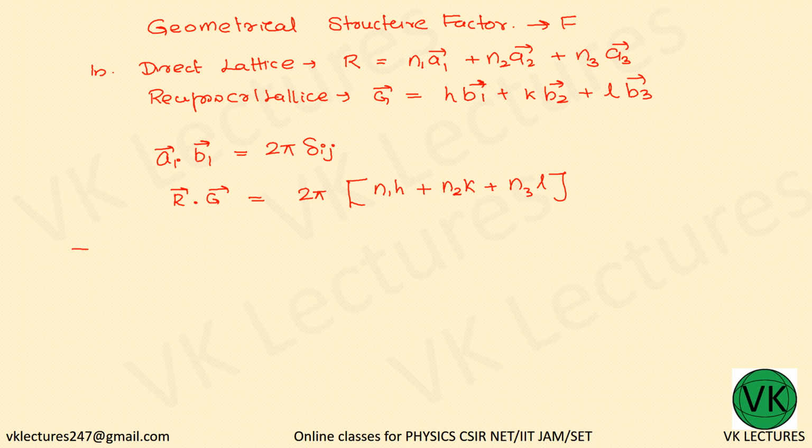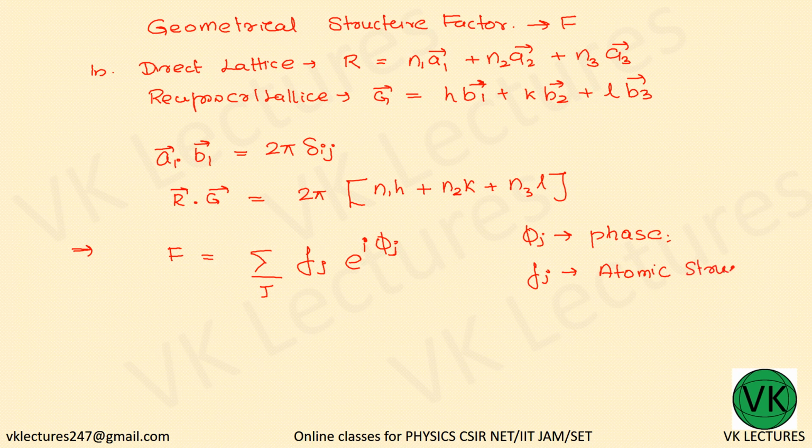And coming to the geometrical structure factor, F is equal to the sum over j of fj times e to the power i phi j, where phi j is the phase and fj is the atomic structure factor.